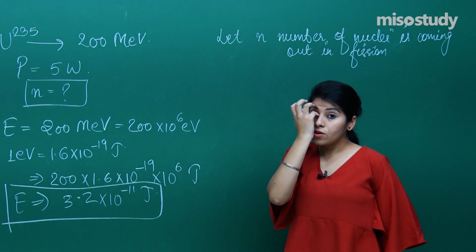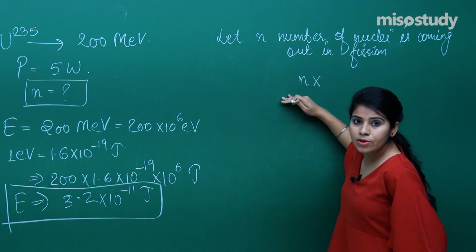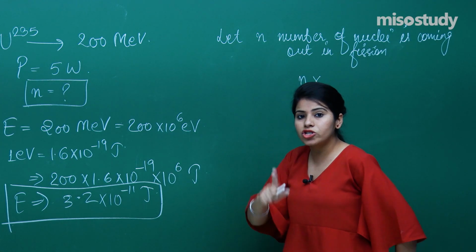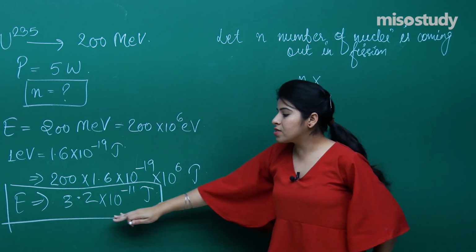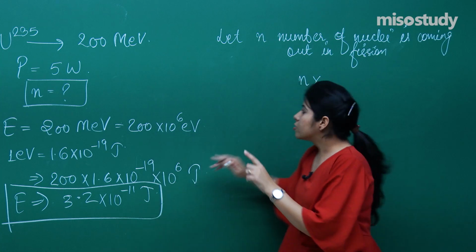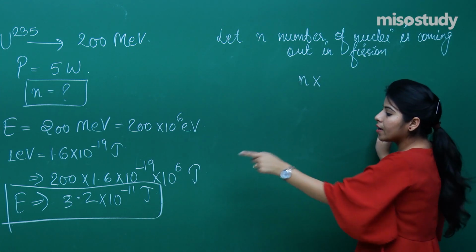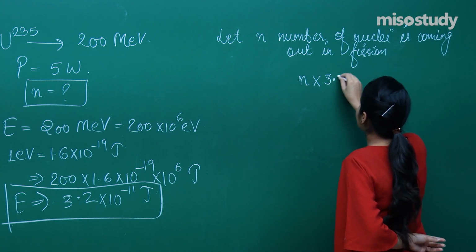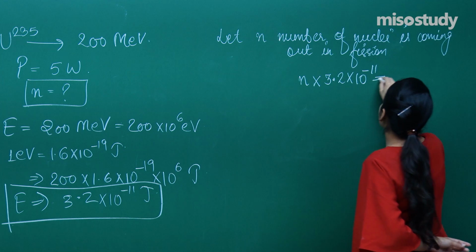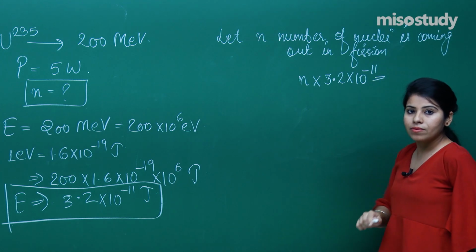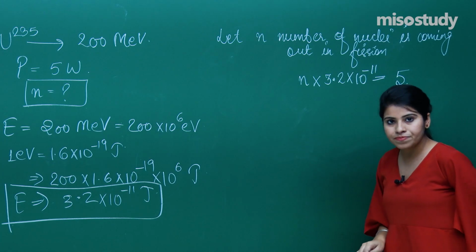Then what we are going to do is multiply this N number of nuclei with the energy of one nuclei, and that will be your total energy. This is the energy for one nuclei. So N multiplied by 3.2 into 10 raised to the power minus 11 will equal your power. Your power has been given as 5 watt.